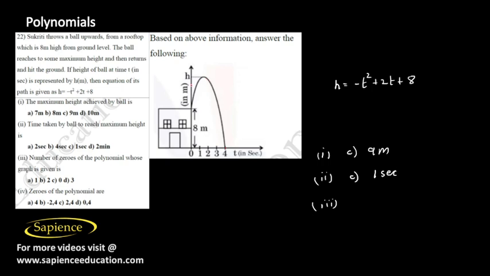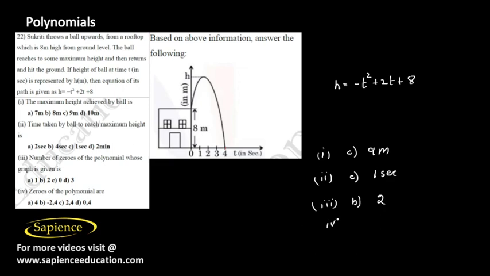The graph continues in the negative x-axis also, so there will be another zero present here, so the number of zeros will be 2. For the third question, the number of zeros of the given polynomial is 2, option B.